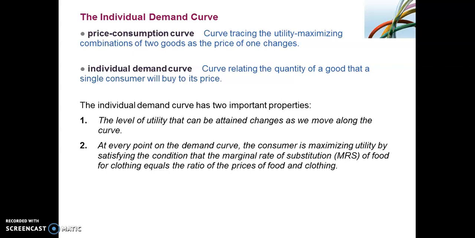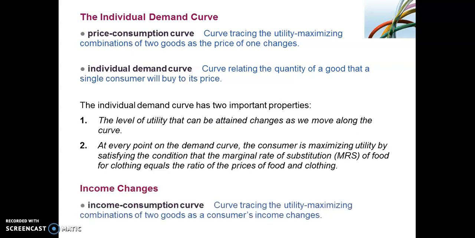Now we will consider income changes. So the first part dealt with price changes, and now we're going to look at income changes. Now, the income consumption curve can be defined as a curve that traces the utility maximizing combinations of two goods, but now as consumers' income changes.